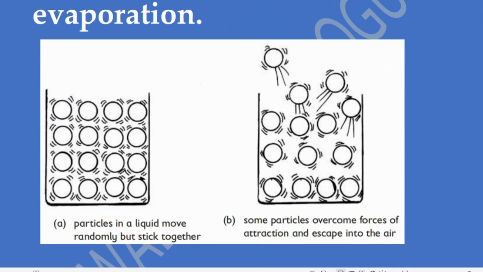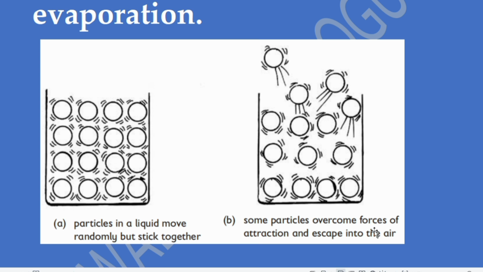You can see here that particles in a liquid move randomly but stick together, because the distance is not that big. As you supply heat energy, it is gained more and more, so some particles overcome the force of attraction and escape into the air.